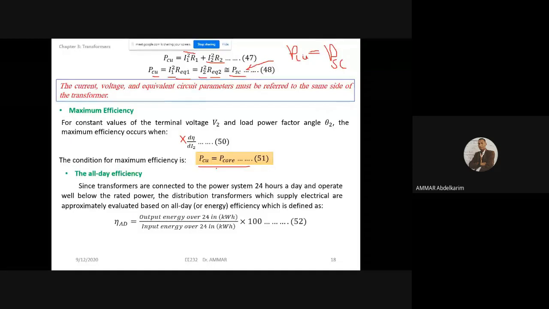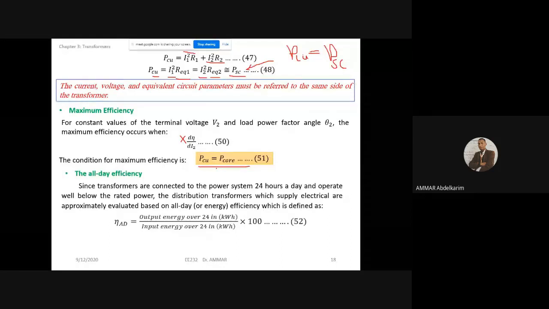So the efficiency is maximum when the copper losses are equal to the core losses. Okay, but here let's just make a difference. Sometimes the transformer works on full load. What does full load mean?